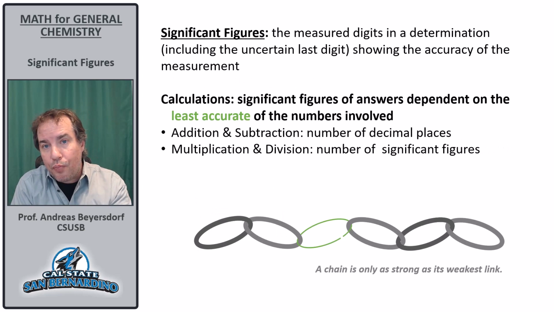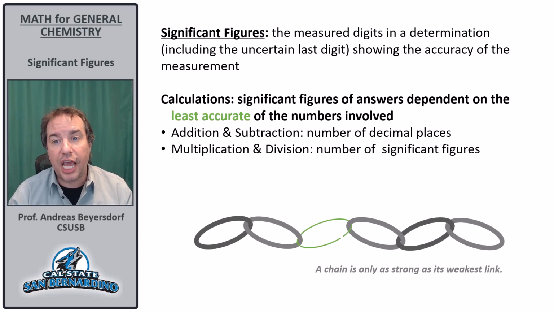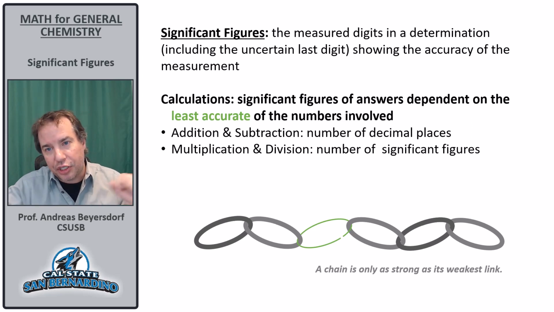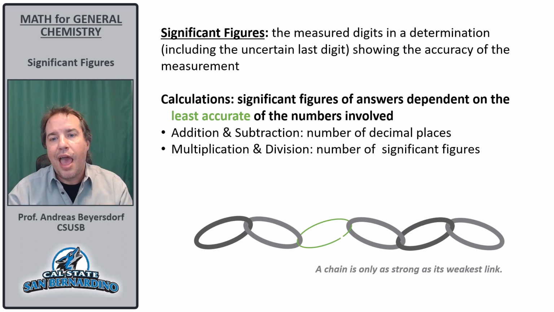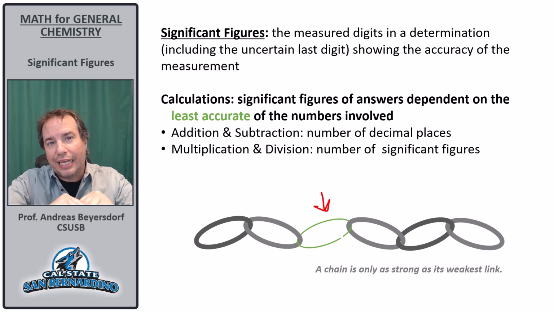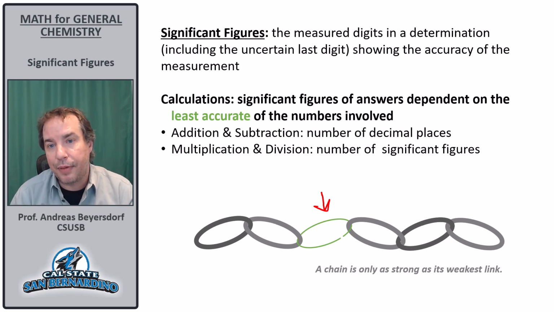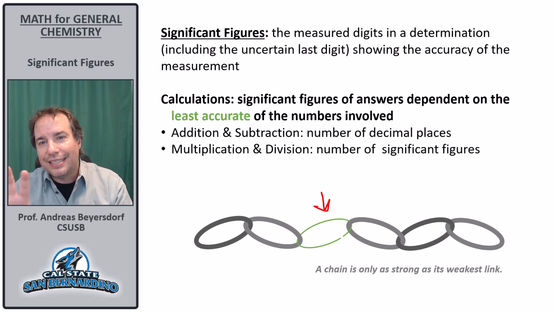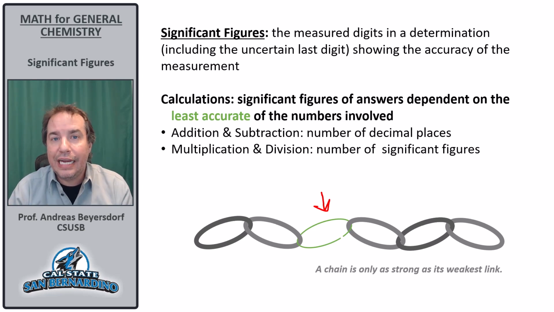Now, you may have heard of the phrase, a chain is only as strong as its weakest link. What that means is if you had a chain holding a dog or something, and it was really strong, except you have this one weak link right here, well, that weak link is going to break and the dog's going to escape. Well, the same is true for calculations. In calculations, the significant figures of your answer is dependent on the least accurate of all the numbers that go into that calculation.